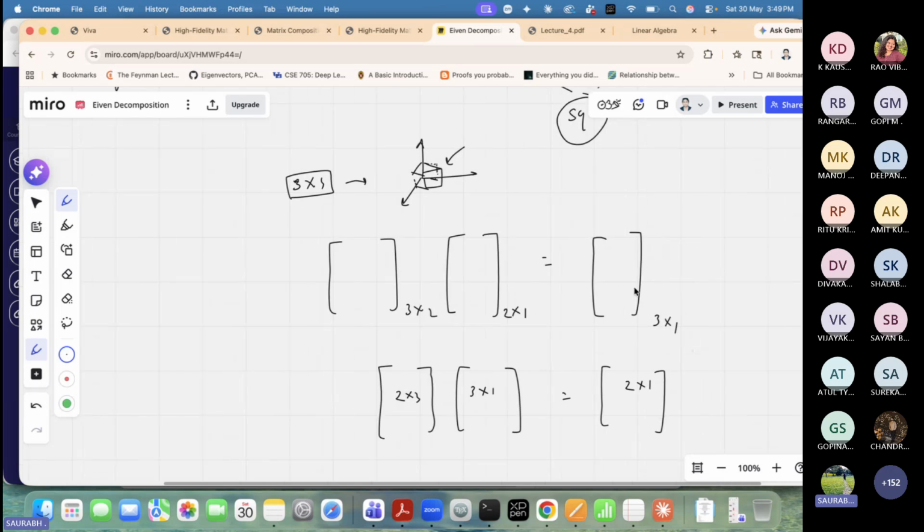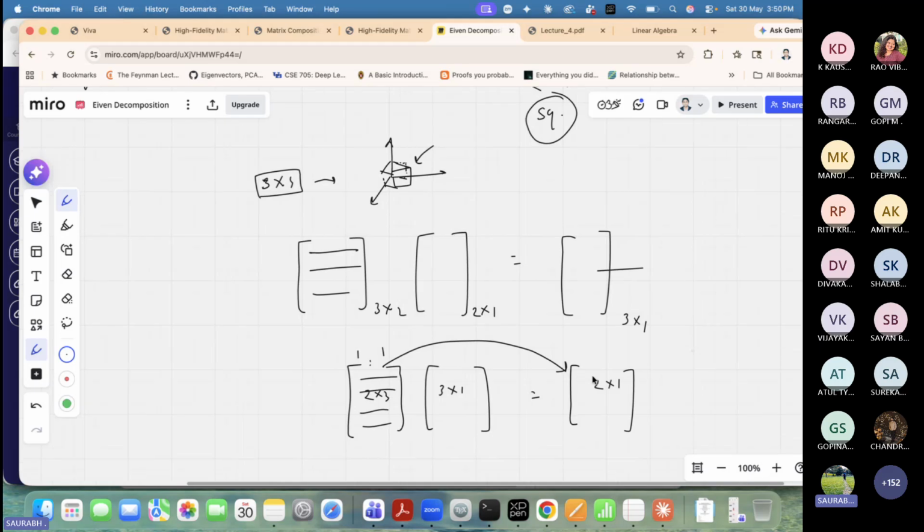Now, in this particular case, you are either adding a dimension or reducing a dimension. Here, the vectors are all two-dimensional. Here, the vectors are all three-dimensional, because all of these rows are three-dimensional vectors. So the dimensions are getting reduced.